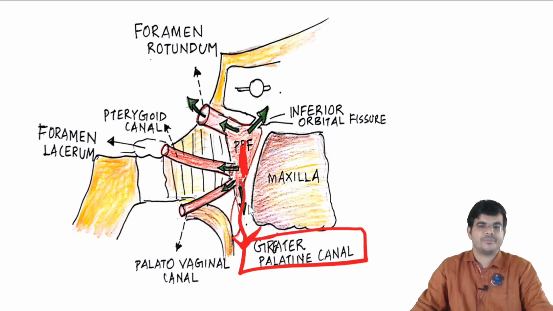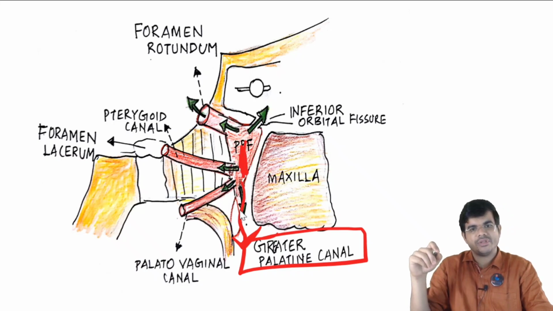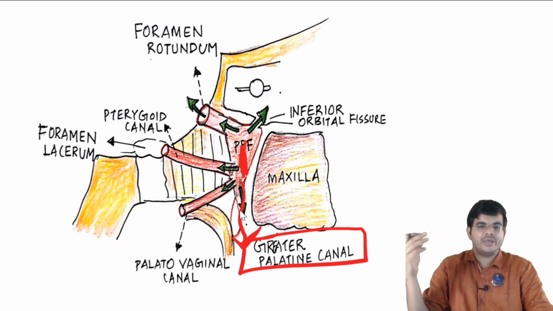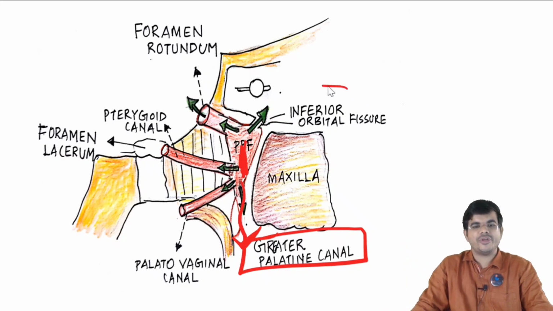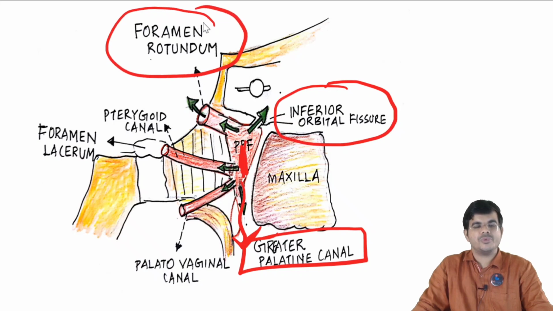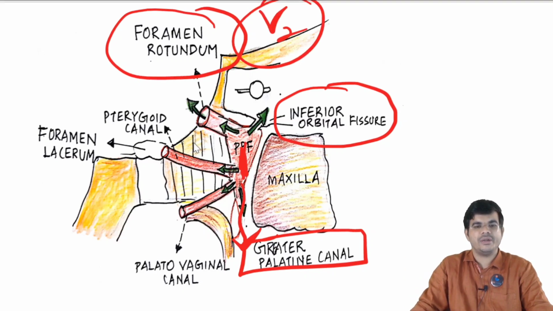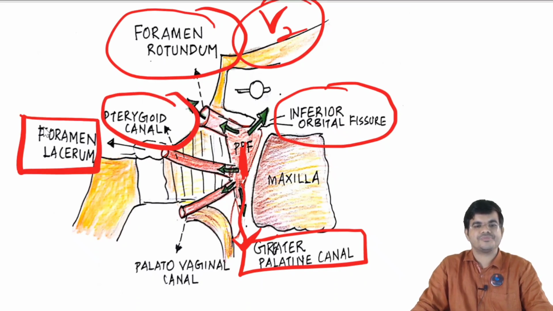Okay, now this pterygopalatine fossa is connected with various canals, and what are they? You have the inferior orbital fissure through which it is connected with the orbit, foramen rotundum through which it is connected with the skull base, and through this foramen rotundum you have the maxillary nerve. Okay, maxillary nerve being transmitted, and then you have the pterygoid canal which is connecting it with the foramen lacerum, and through this opening goes the nerve of pterygoid canal and the artery of pterygoid canal.